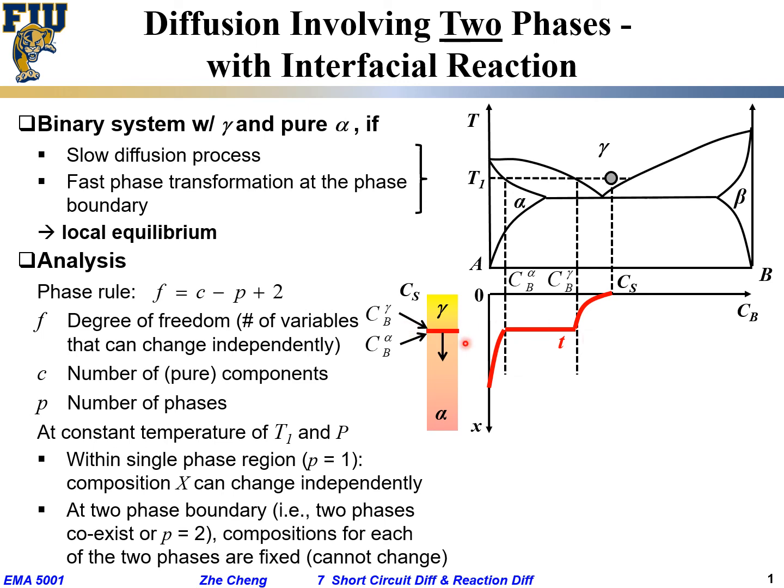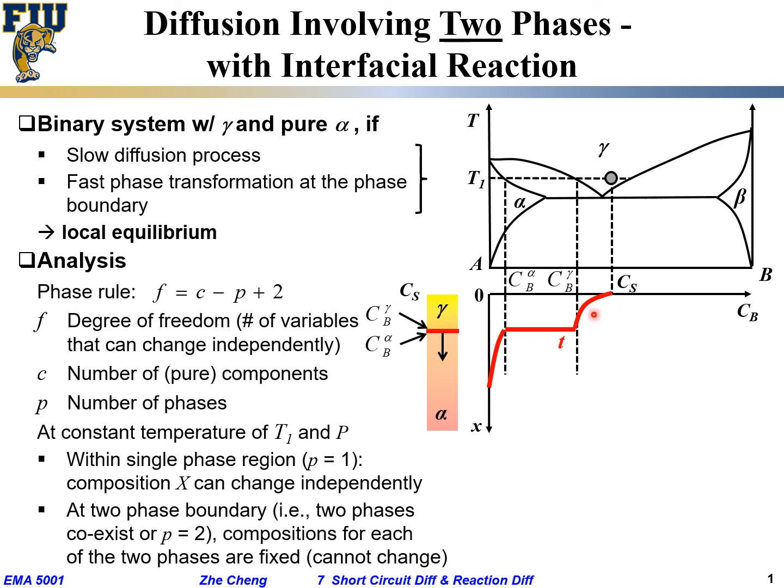The other side of the interface, I'm now in gamma, right? From here to here, I'm in gamma phase. And far away from the interface, the gamma concentration is CS. Make sense? Because we said slow diffusion, far away from the interface, the concentration has not really changed.